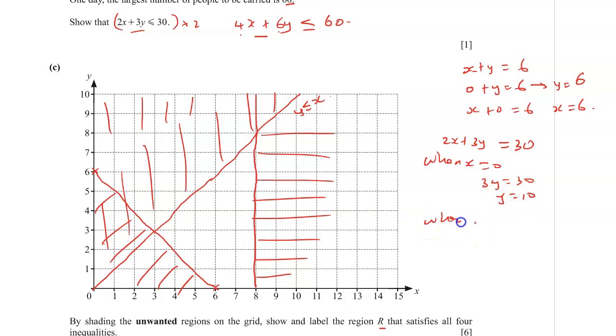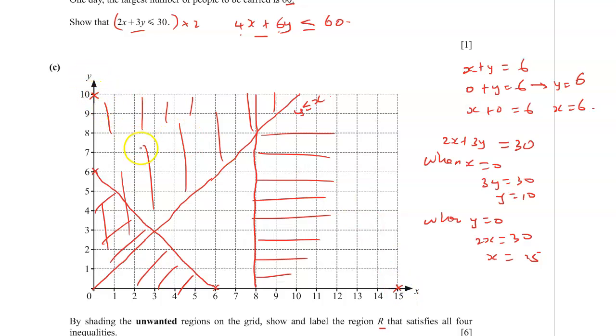And when y is equal to 0, 2x is equal to 30, x is equal to 15. So when x is 0, y is 10. When y is 0, x is 15.